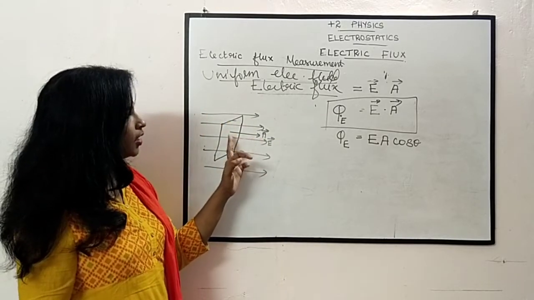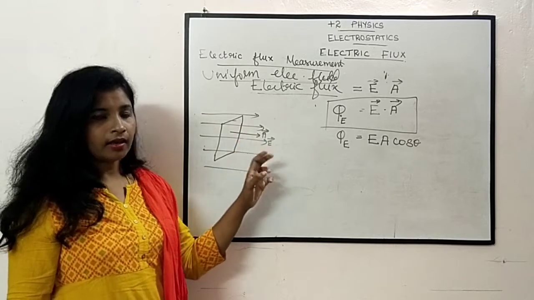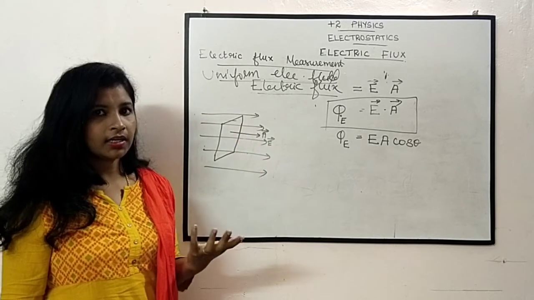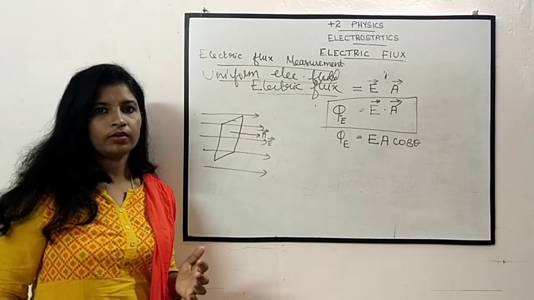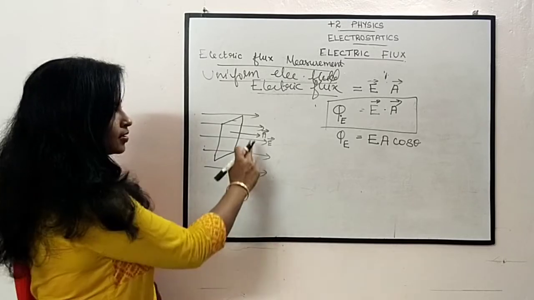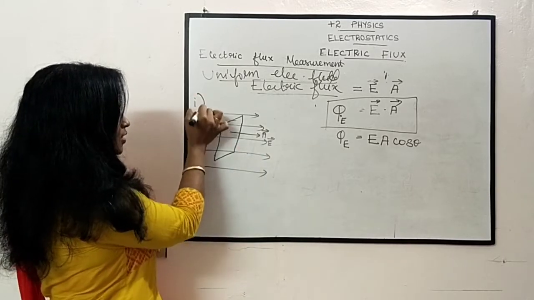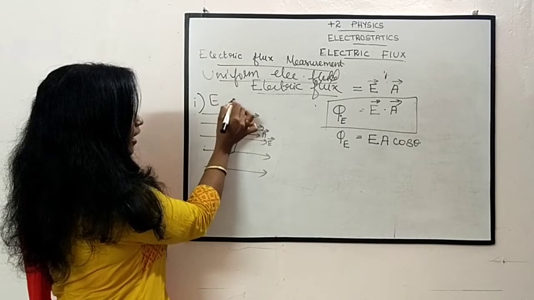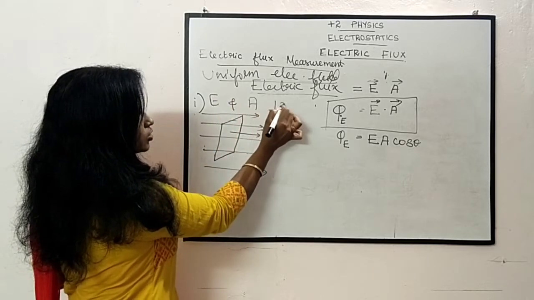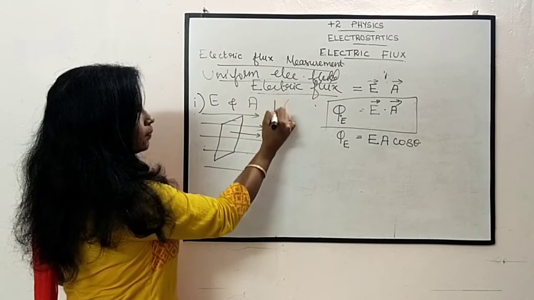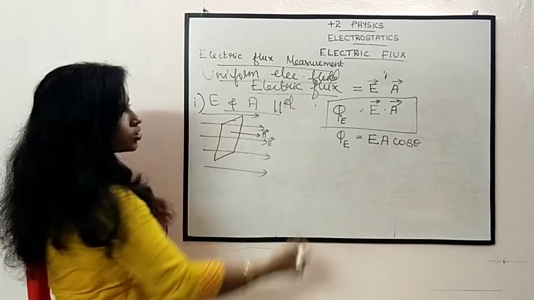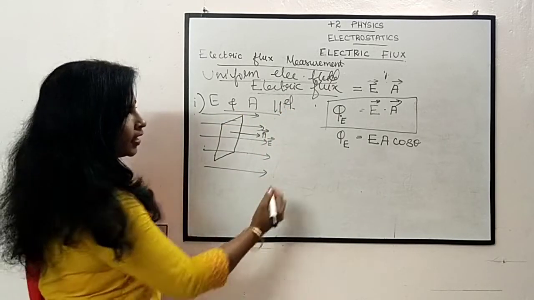So what happens now? Is there any angle between E and A? Any angle formed? No, they both are parallel. This is the first case, when the surface is perpendicular to the field, so E and A are parallel to each other. So what about the value?